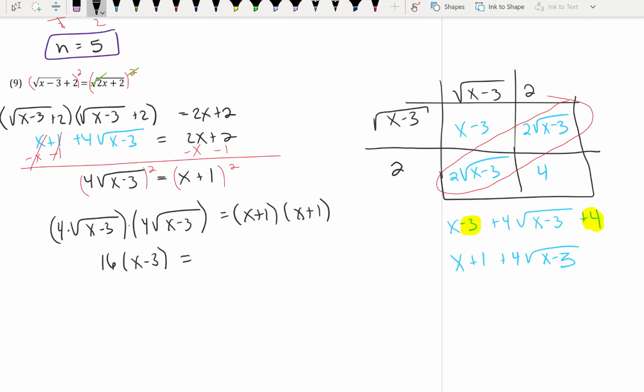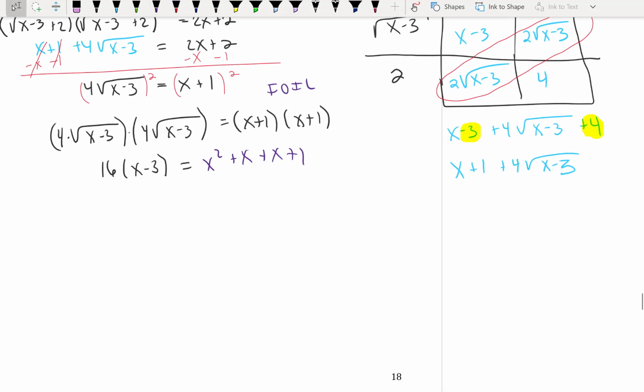And when I FOIL the next side, so FOIL, your first, outer, inner, last, you would get x squared plus x plus x plus 1. And then from here, I'm going to distribute that 16 in. So 16x minus, and 16 times 3 is 48. And I can combine those two x's together to give me a 2x.